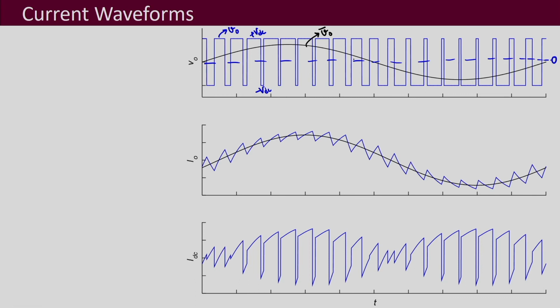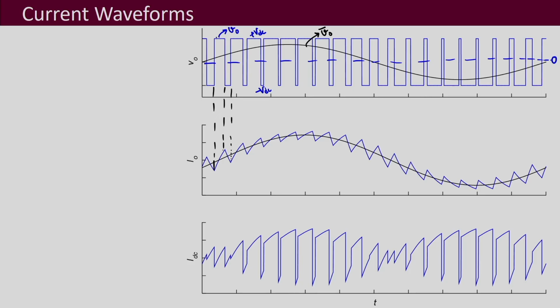If we average the instantaneous output voltage waveform, we will get that VO bar. Then if we draw the load current waveform, if it is a sinusoidal waveform, how is the load current going to appear, assuming an inductive load?